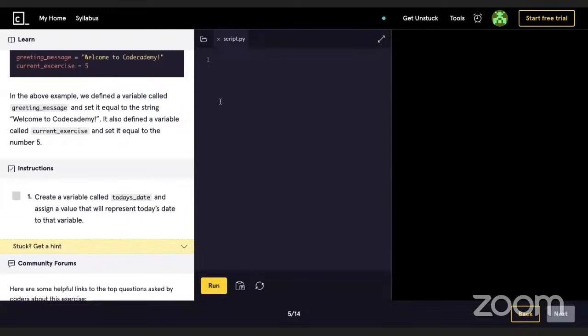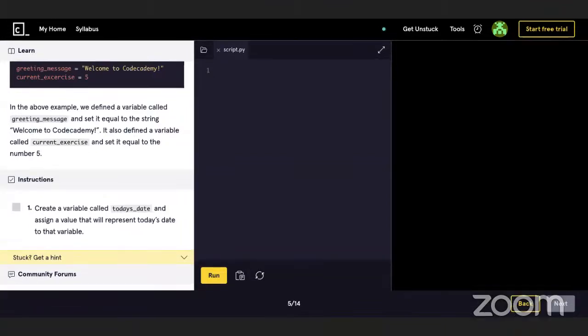What issues do you have again, Lalu? It says create a variable to state. So who wants to help with this one? Me. Okay. Are you on variables?